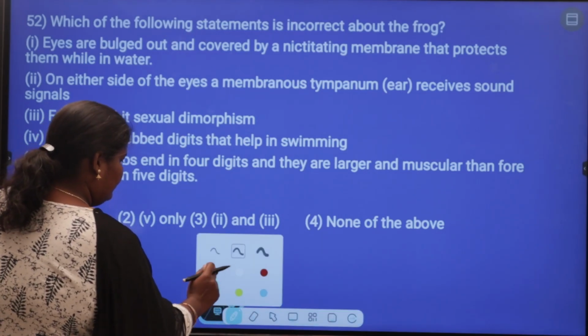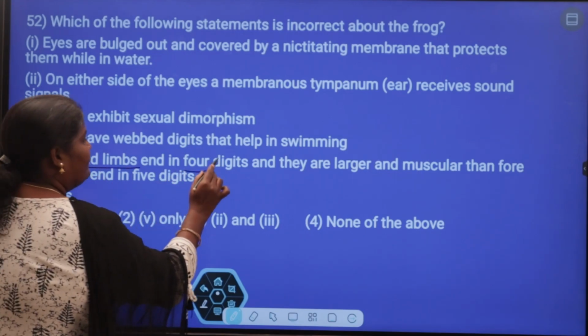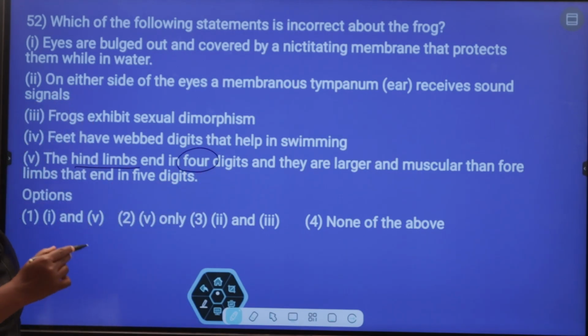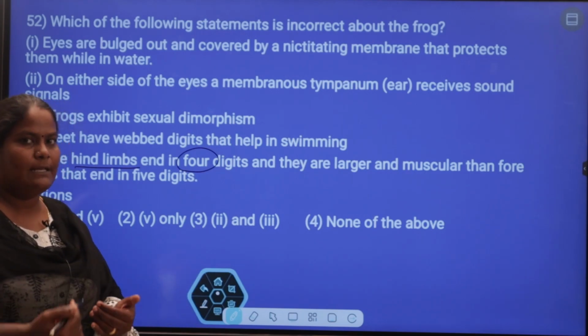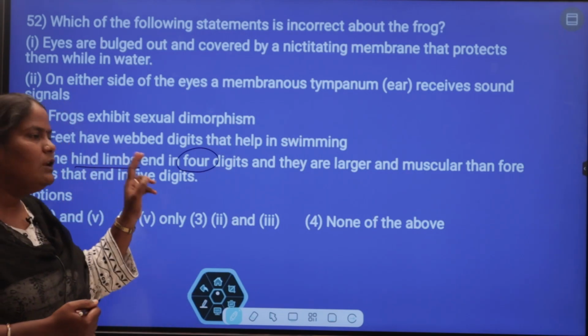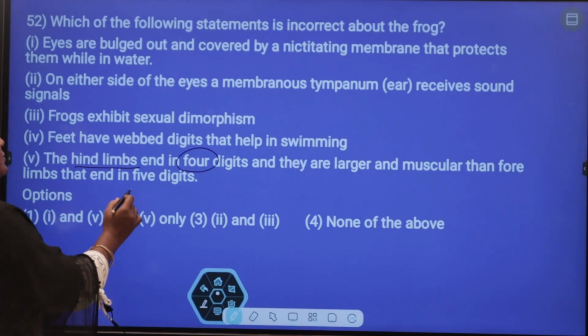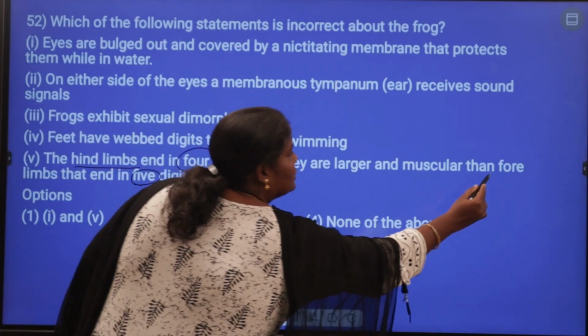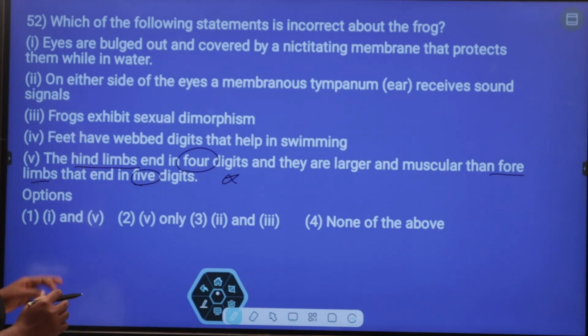Here, the hind limbs contain 4 digits, which is not a proper statement, because forelimbs are the front ones and hind limbs are the back ones. Usually the forelimbs contain 4 digits and the hind limbs contain 5 digits. So the description was twisted here, so this statement is wrong. Okay, the 5th statement is wrong.